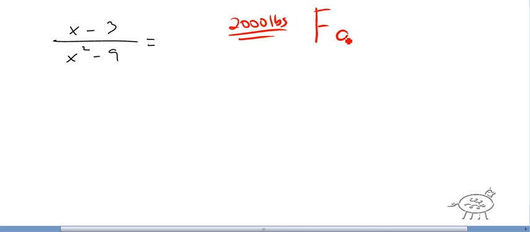A ton of factoring. And I'll tell you, if you see something like this, an x squared minus 9, or anything with an x squared and an addition sign, you have to look to factor. If you choose not to factor and you try to cancel things out without factoring, it won't be right. Okay, you're going to get it marked wrong.